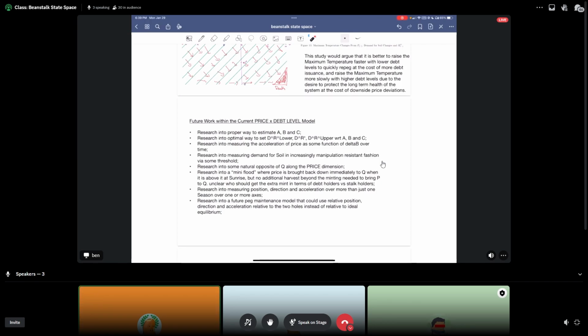Maybe it just auto adds the liquidity and then sends out LP tokens or deposits. Instead of selling out of the system, it just compounds it, whereas right now the flood removes the value from the system. It's like some sort of auto compounding flood. That's not included in this list.